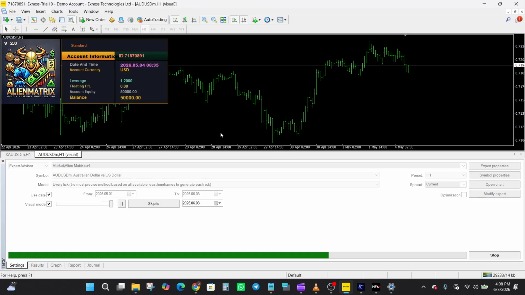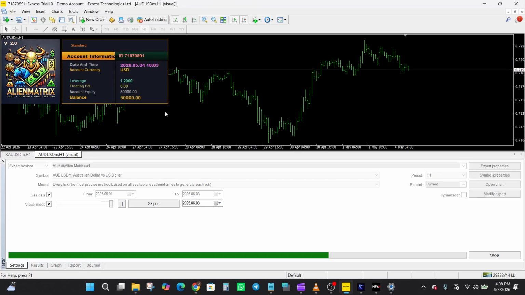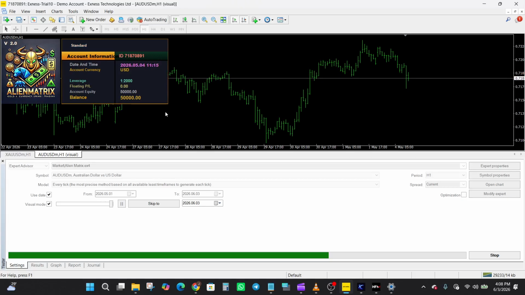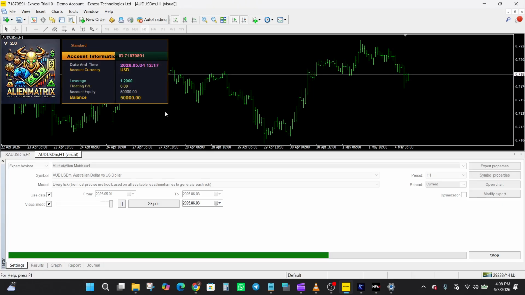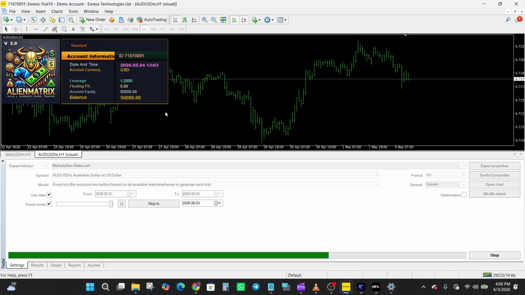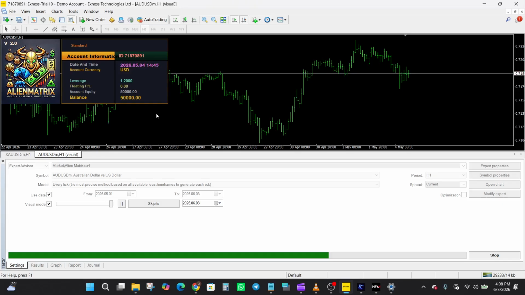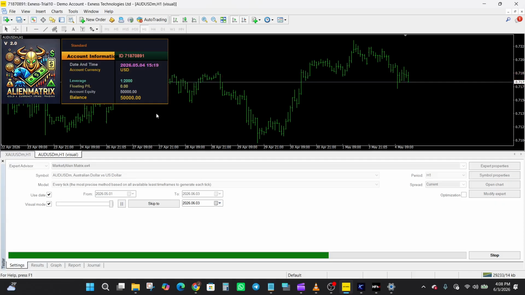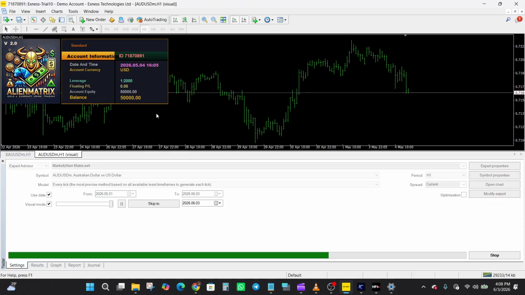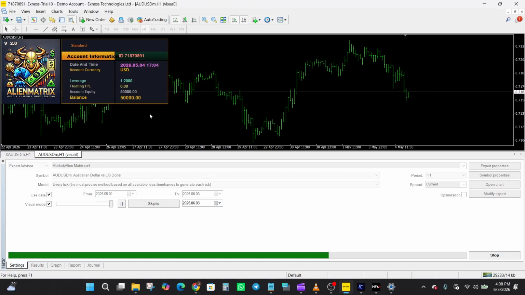From the chart activity, I can see that the system appears to be selective with entries, aligning with the description that it doesn't overtrade and tends to wait for specific conditions before taking positions. Now, each trade is clearly managed with defined risk parameters, which is consistent with the stop loss and take profit structure mentioned earlier.